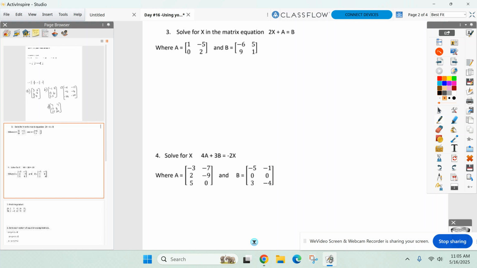All right, so first thing I need you guys to do, go ahead, make a matrix A and B that look like those two. One, -5, 0, 2, call it matrix A with the arrow. And then it's -6, 5, 9, 1, call it matrix B with the arrow.